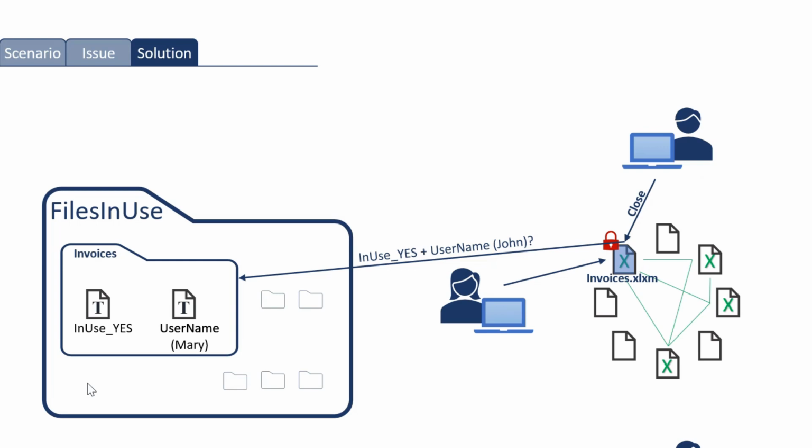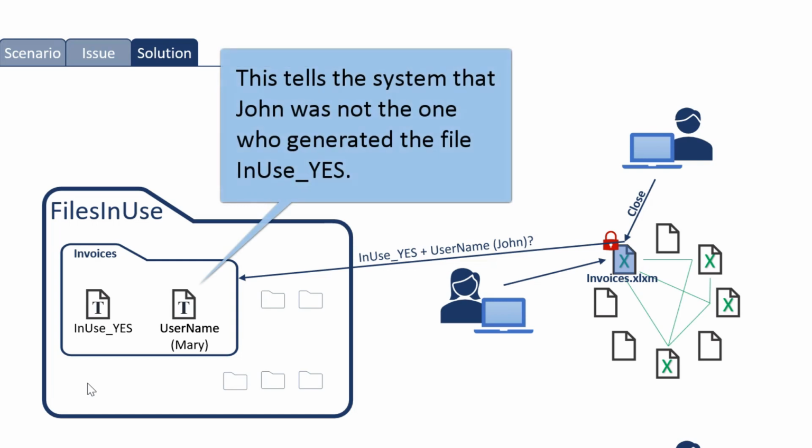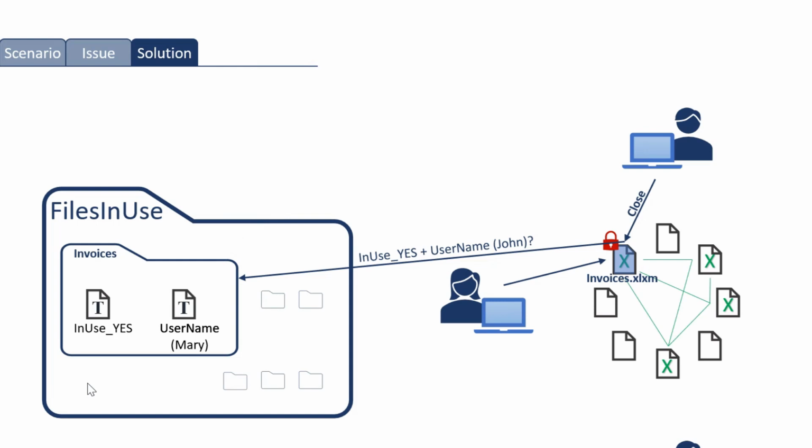In this case, the file inuse_yes exists, but the file named John doesn't exist. So this makes John just leave the file without saving and without making any other changes. So this way Mary just continues to work the same way she was. The file was not grabbed by anyone else, and the signals that we created here are still the same.